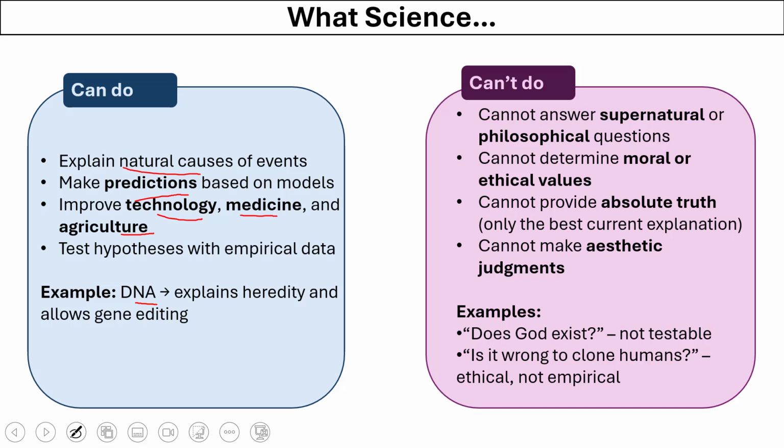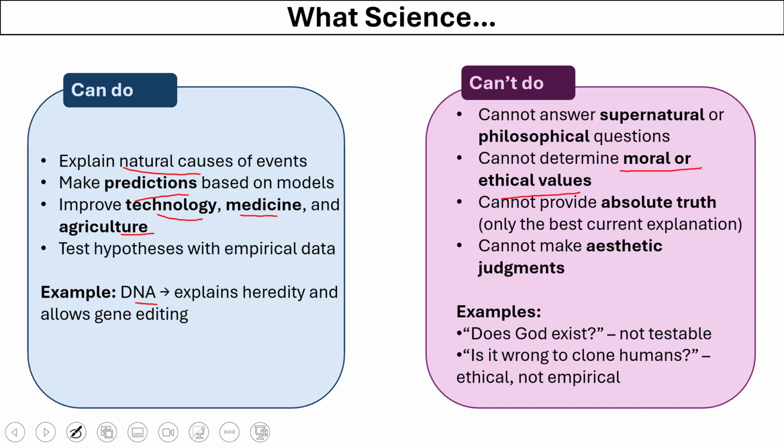Then we cannot determine moral or ethical values. We cannot say that according to science, euthanasia or killing somebody should be allowed, but morally, is it a good thing to let somebody die or give somebody a choice of euthanasia or killing themselves?